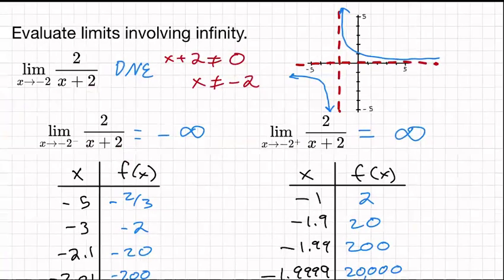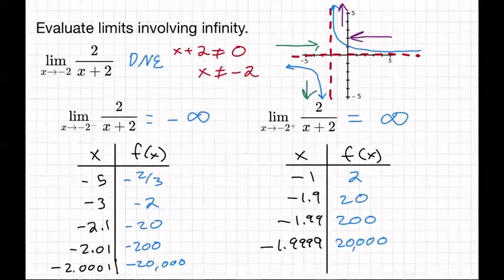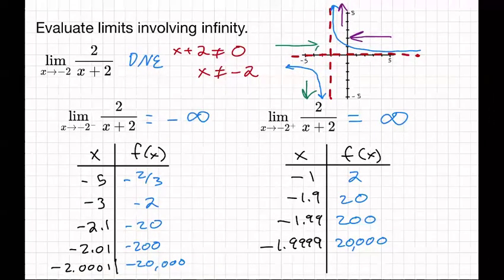And what we mathematically defined here is approaching this value from the left side. As you see here, it's going down to negative infinity. And then as we approach it from the right side, we see it's going to positive infinity. That would be the mathematical definition for a vertical asymptote that we have on a rational function.